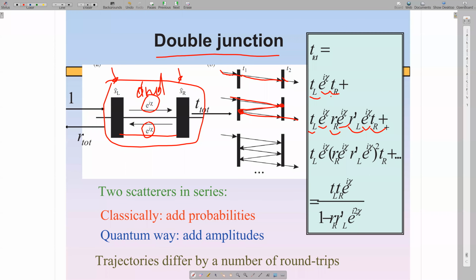Then I understand that I have infinitely many possibilities of this kind. Those differ by the number of bounces between the junctions. One bounce, two bounces, and that's it. And each bounce actually gives this factor. Right?